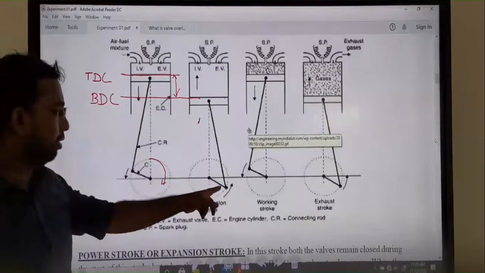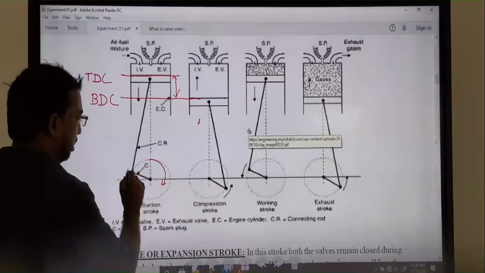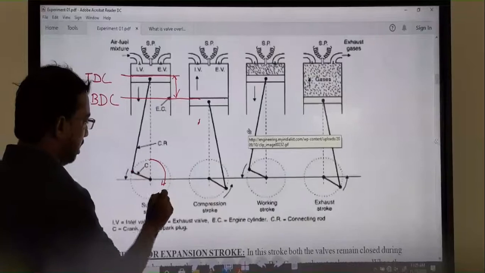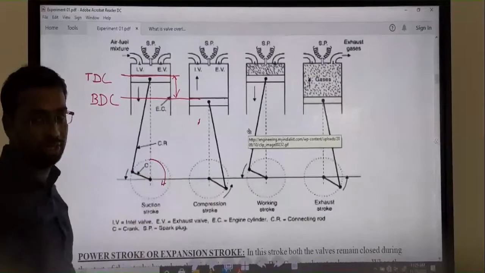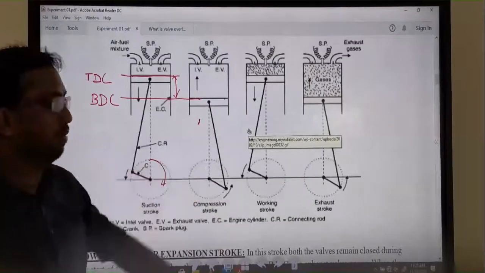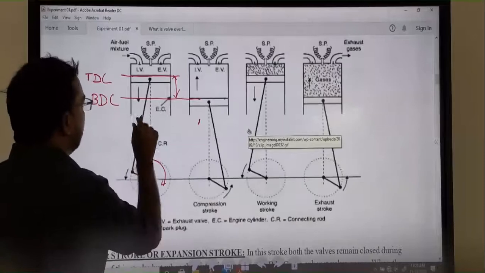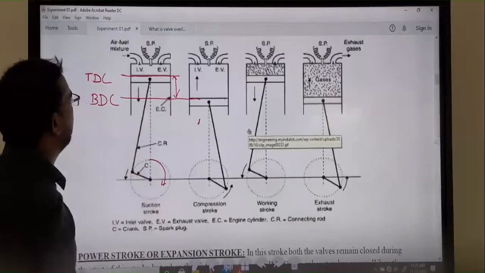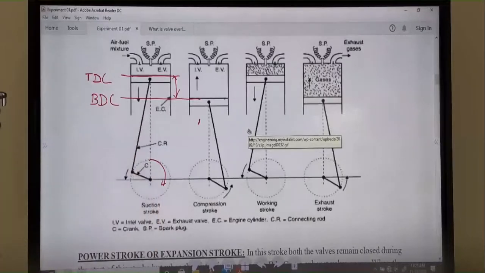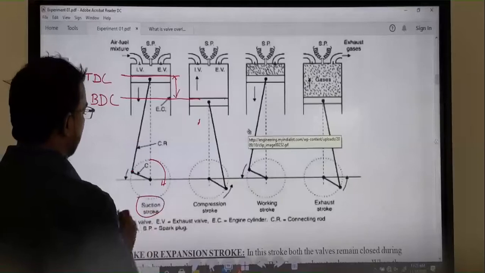You can see that two full revolutions are needed to achieve these four strokes. First we study this suction or intake stroke.